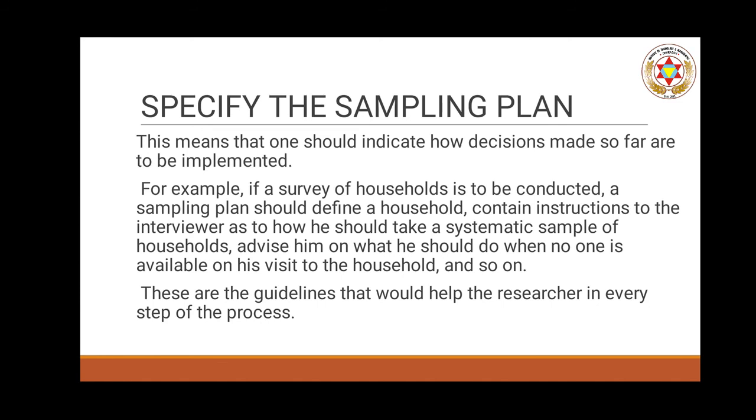Should he take a systematic sample of households? And also they need to advise him on what he should do when there is no one available on his visit, and so on. That means there should be guidelines which would help the researcher in every step of this sampling process. That is what we mean by specifying the sampling plan.